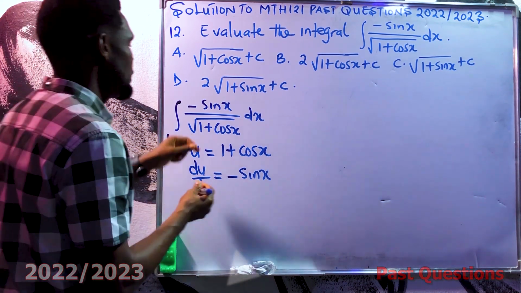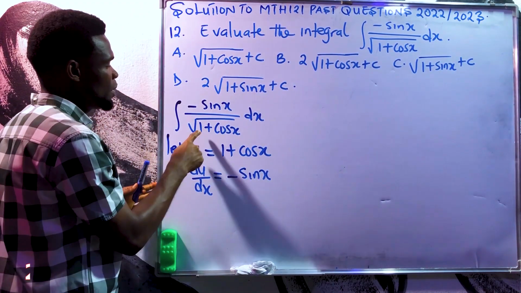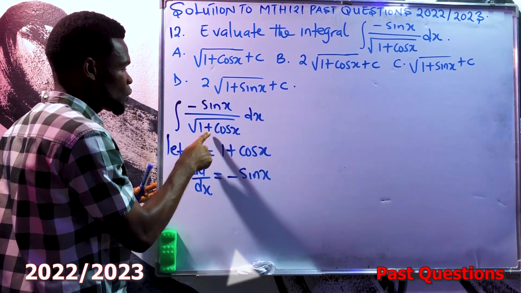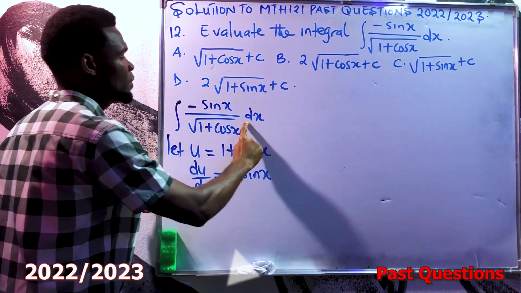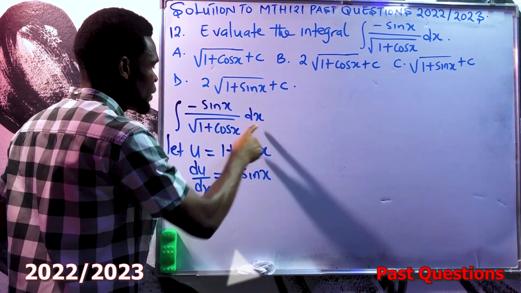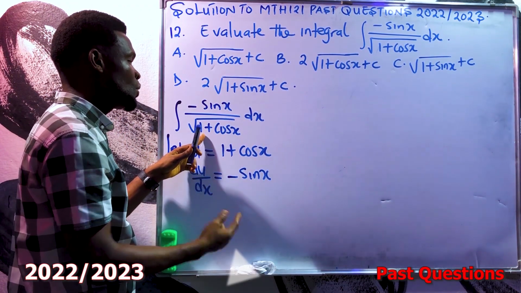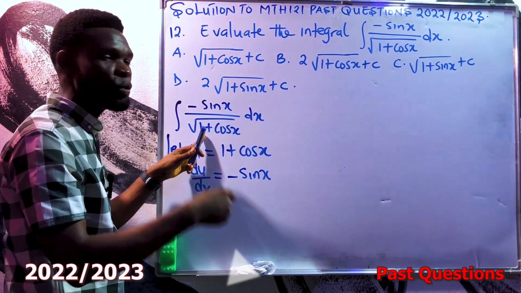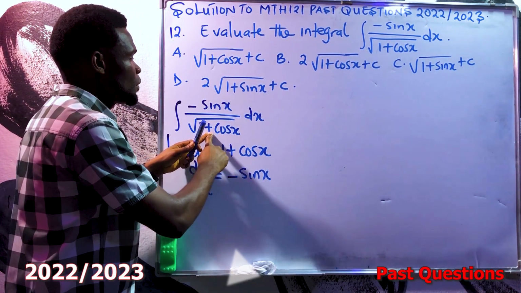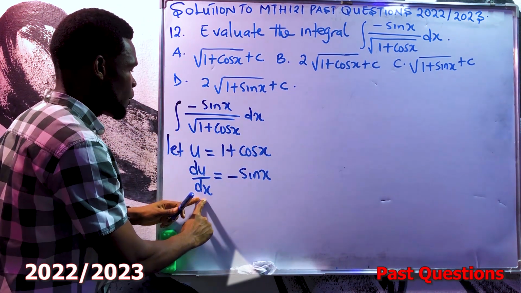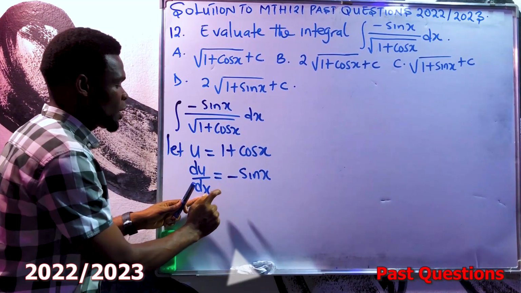Now, when you look inside here, since u is equal to 1 plus cos x, it means that in the place of 1 plus cos x, you are going to substitute u. Then by the time you put u there, you will not be integrating with respect to x again. You'll be integrating with respect to u. Since I have du dx here, I'm now going to make dx the subject of the formula, so I can substitute it.